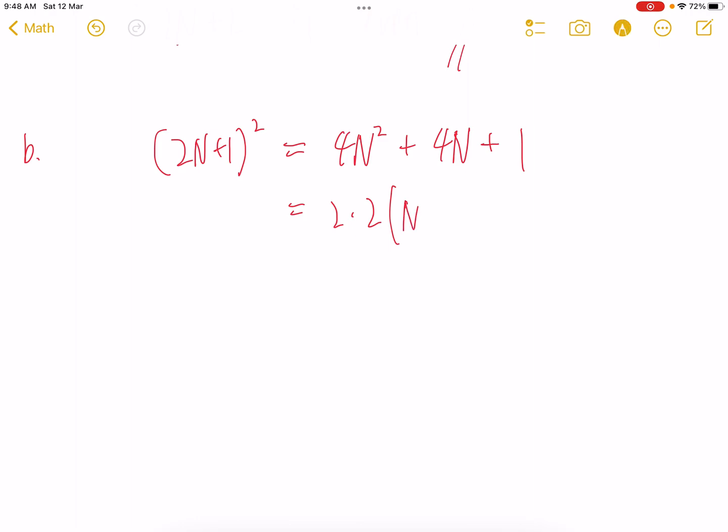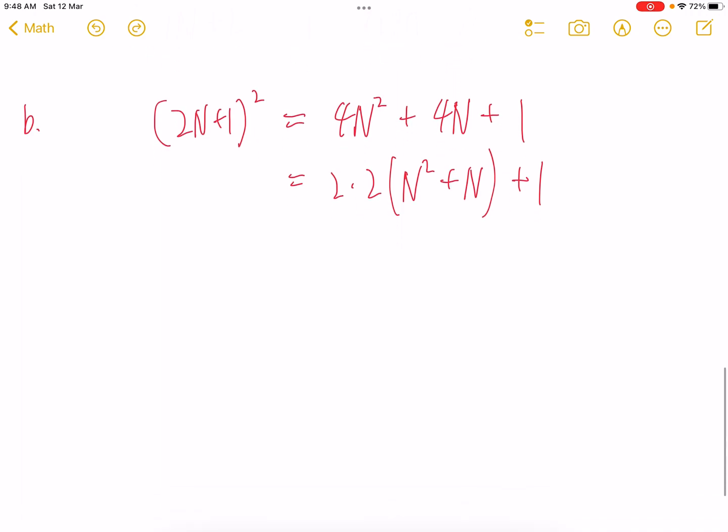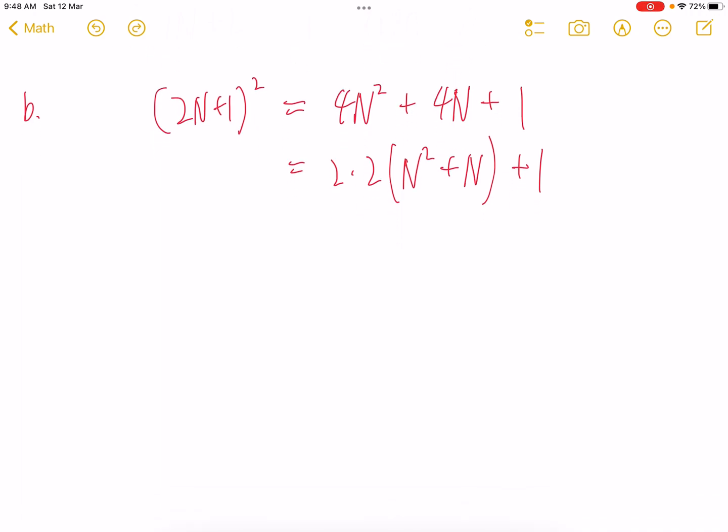I'm writing it this way for a reason. So you see, the first term is absolutely divisible by 2, right? Because you have 2 factors of 2. But the problem is this plus 1.